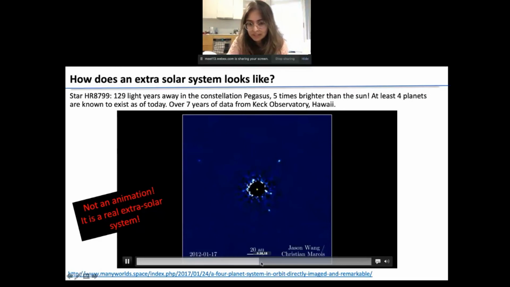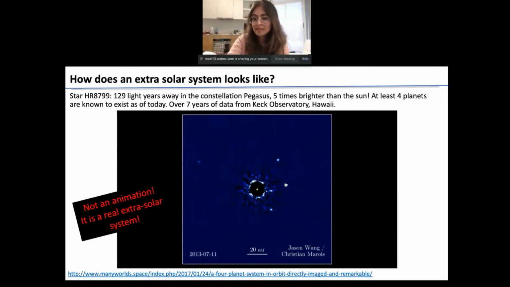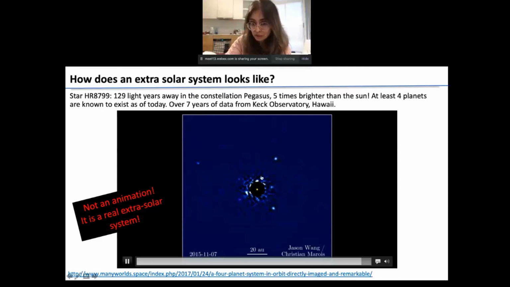This is just a slow-motion video, but these are really four real exoplanets orbiting the star. This is what is pretty cool about direct imaging of exoplanets, and that's what we want to do with all the planets that we have discovered. We know they're out there, but we still can't image them. And you see the reason.